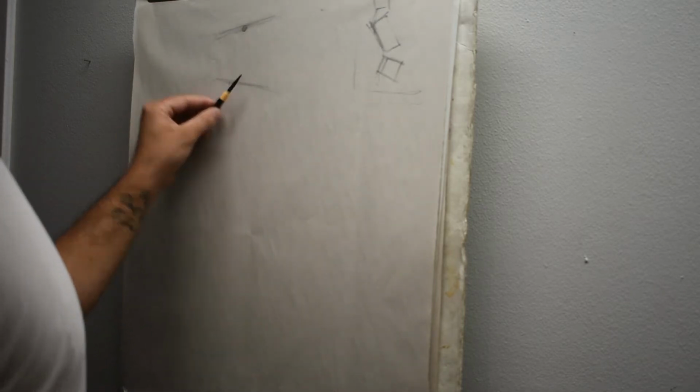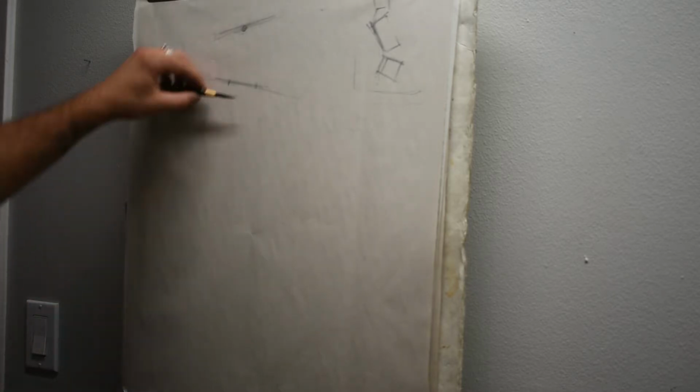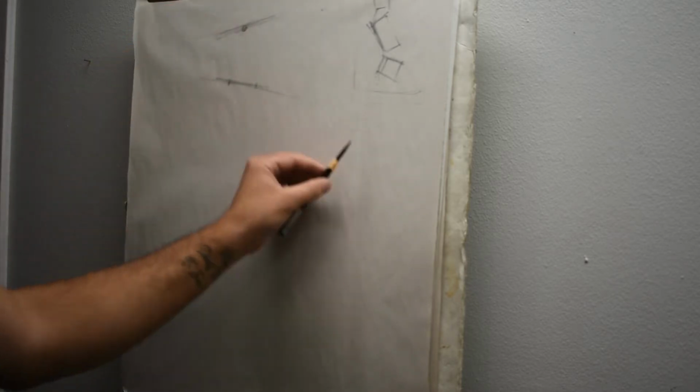And then the ASIS, which is this tilt. So basically the tilt of the shoulders in relation to the tilt of the hips.